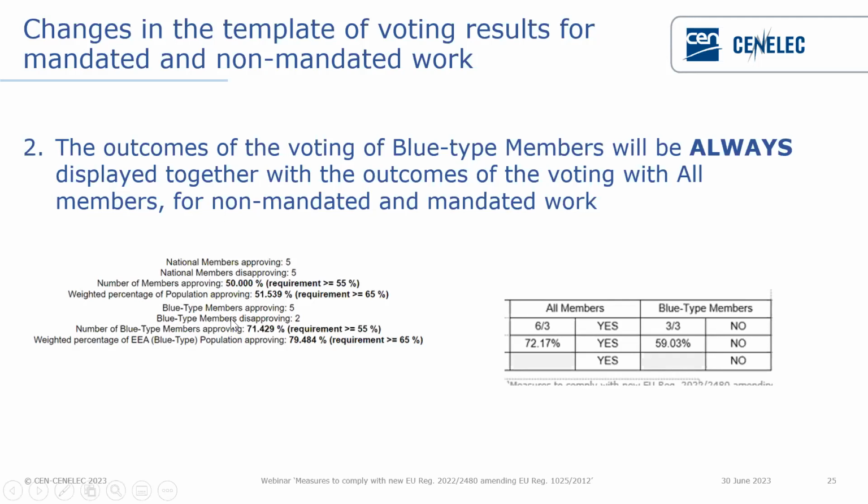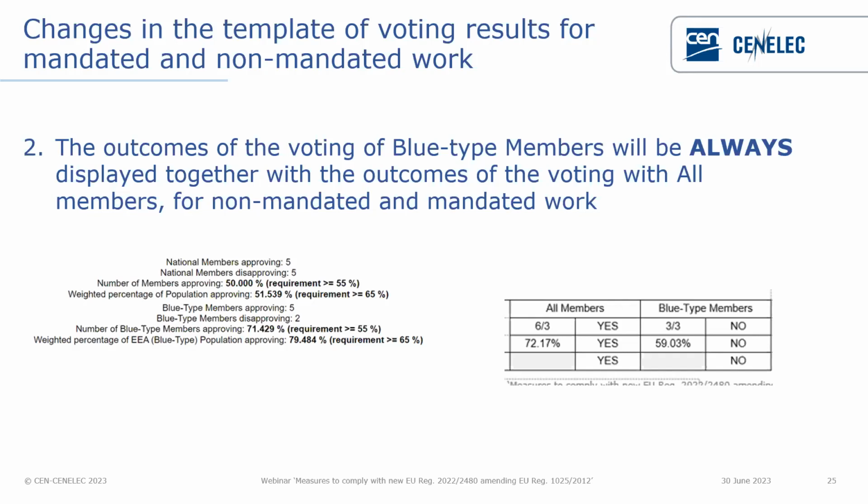On the left, you have the CEN-like display of the results. So you have national members, which means the counting with all members, and the counting with blue type members. Today, you see the blue type member result only in case of weighted votes, when the weighted vote fails counting all members.